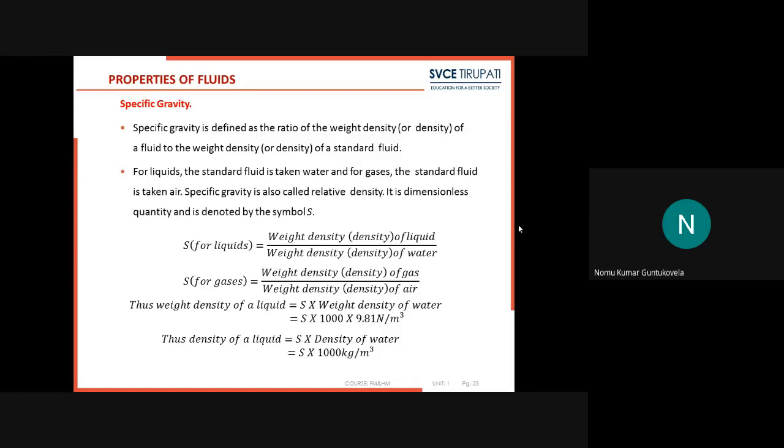So 13.6 into 1000 divided by 1 into 1000, the 1000 is cancelled, and 13.6 divided by 1 equals 13.6. Like this.